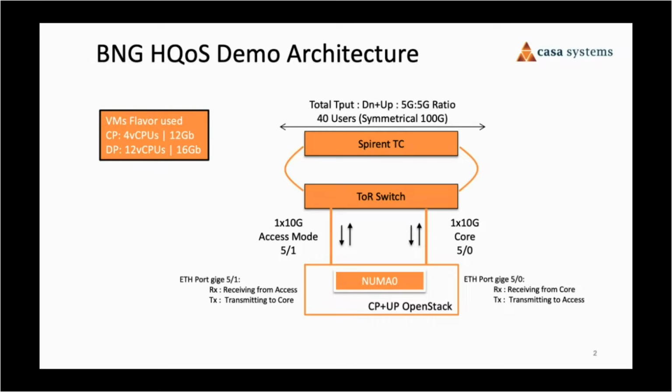For this use case, we chose the minimum setup for our flavors, that is 4 virtual CPUs or threads for the control plane, where we can hold more than 50,000 subscriber sessions, and 16 virtual CPUs for the user plane, where we can support around 20 gigabit of total aggregated traffic. This is one of the possible architectures we can offer for you.